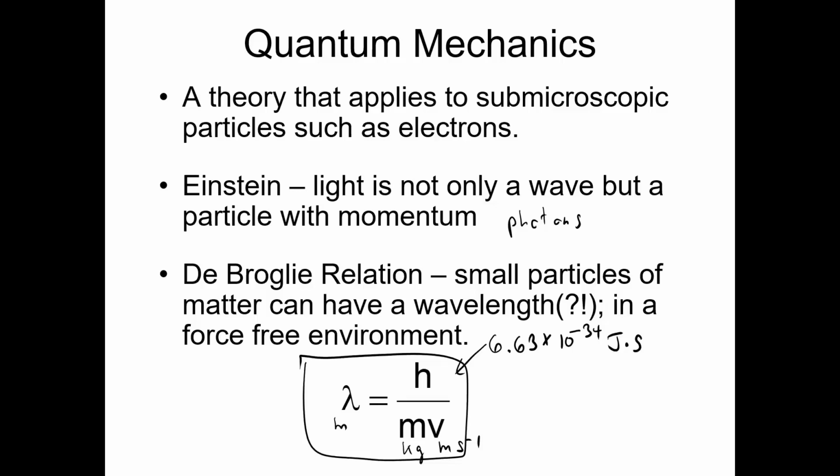So if we replace joules with the SI units, the SI units for joules is kilograms times meters squared per second squared. So you've got a force that's acting on an area.